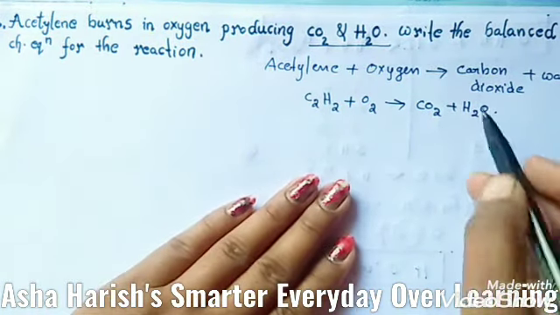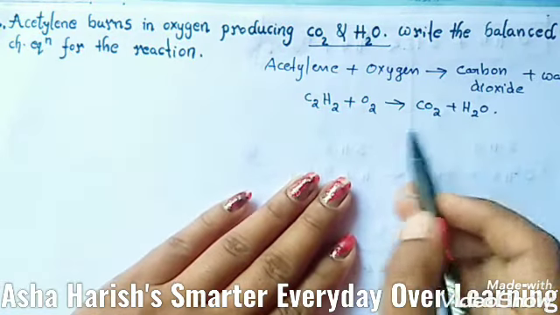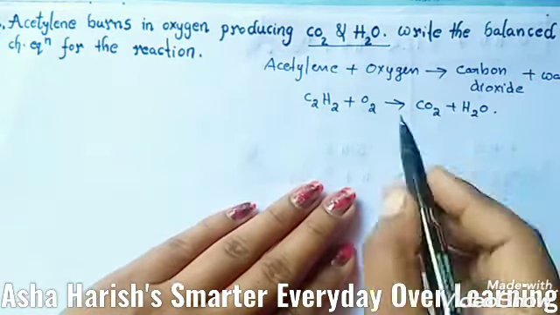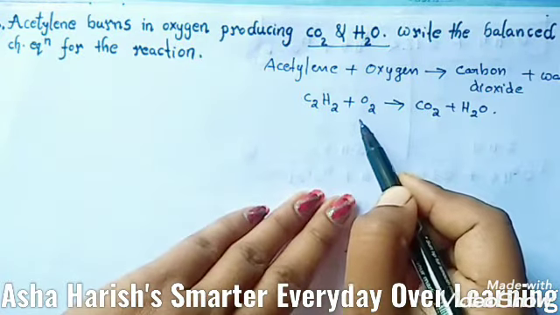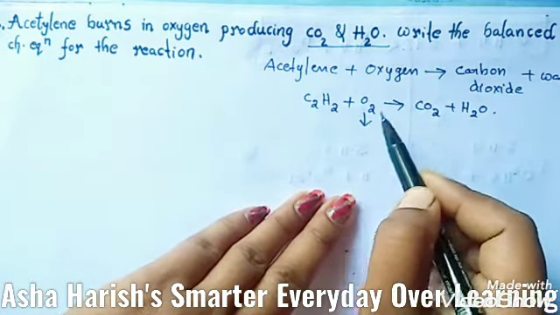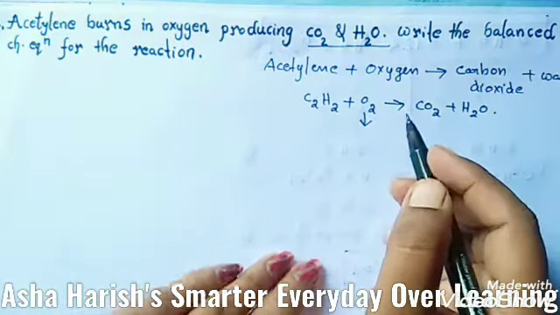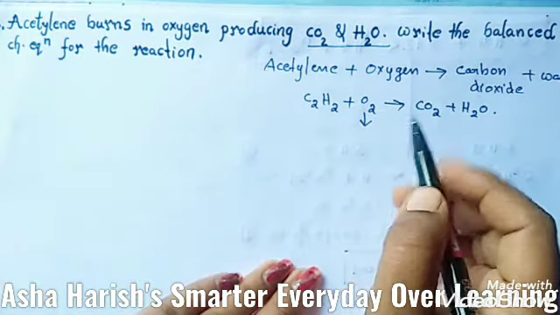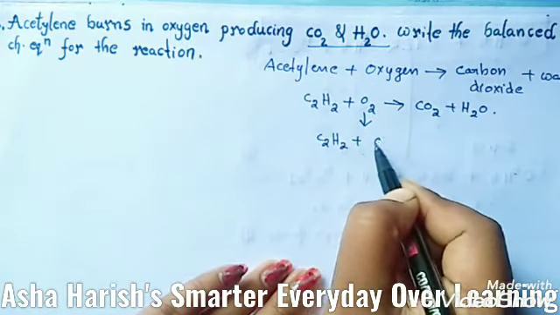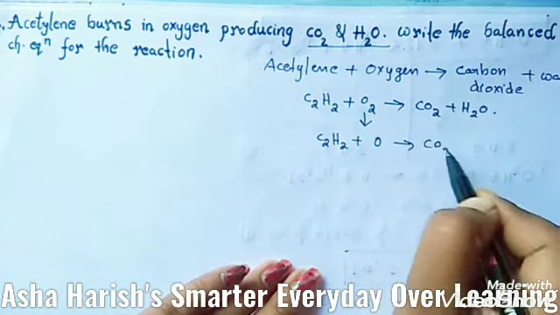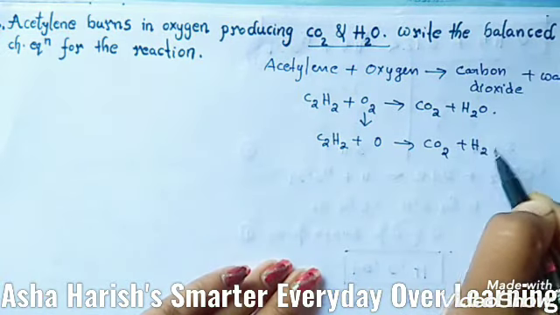This is the skeleton equation. First of all, you have to write the skeleton equation for this. To start with, the elementary gas, oxygen, appearing in the above equation is written in the form of atomic state. Now we have C2H2 plus O gives CO2 plus H2O.